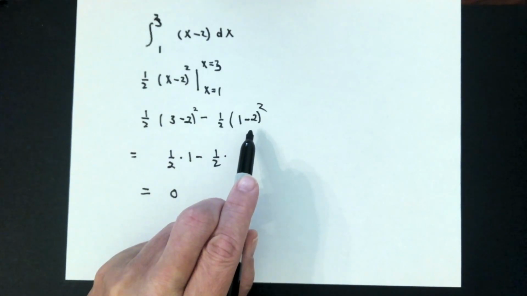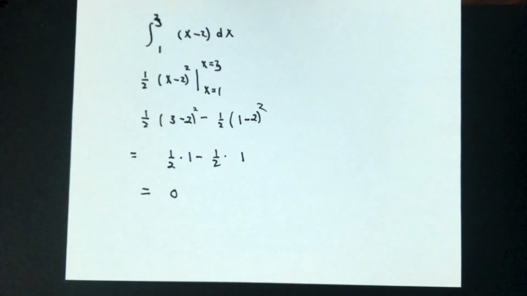Here I'll have negative 1 squared, which is also 1. 1/2 minus 1/2 is 0. This doesn't mean that there's a region of the plane that has area 0. It means that the amount of area above and the amount below are equal to each other.